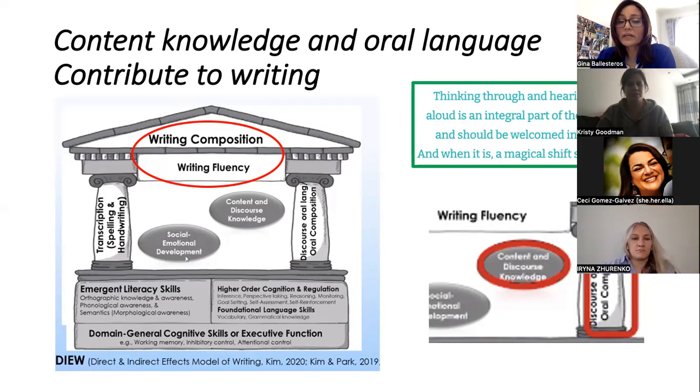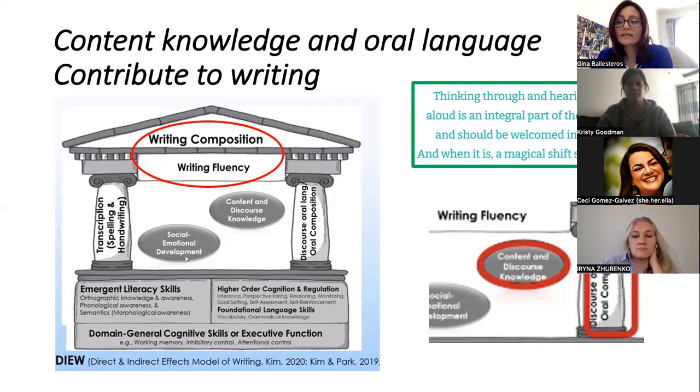Thus, those who have greater knowledge about a given topic are likely to include more details and elaboration on the topic. Greater topic knowledge is also hypothesized to allow rapid access to content, which releases cognitive resources that can be used for other processes, such as organizing ideas, which influences the quality of written composition.